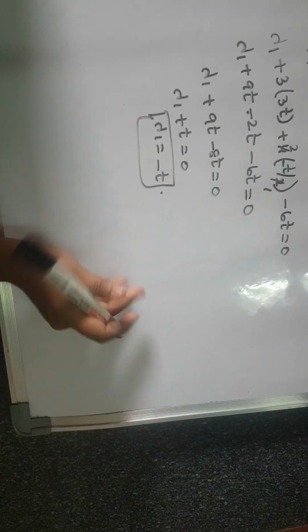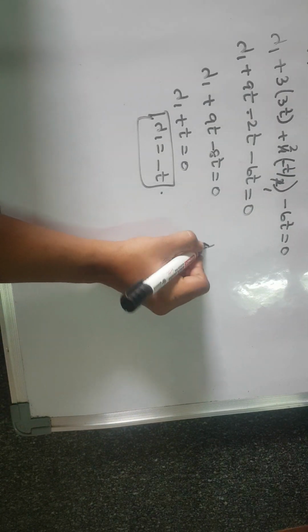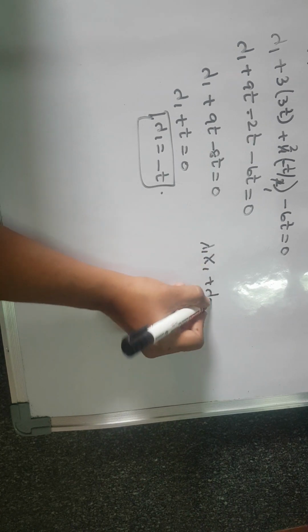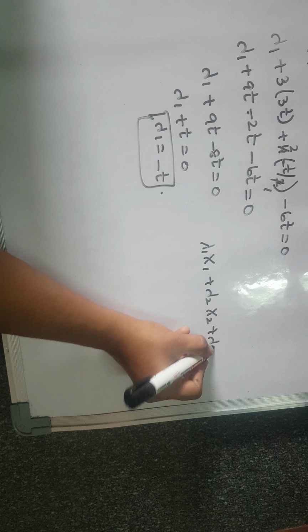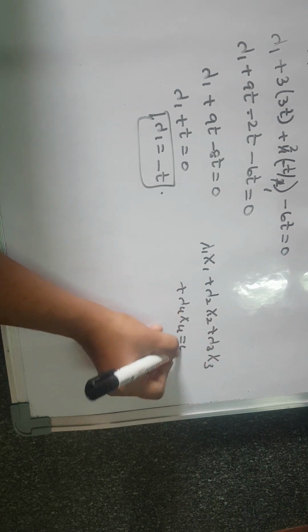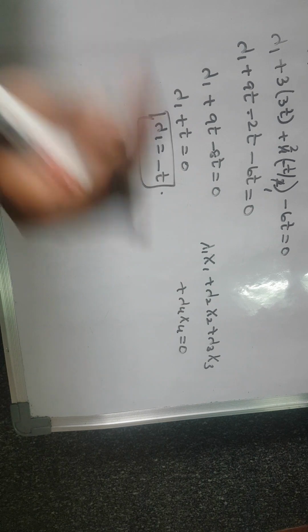What we took in equation 1: lambda 1 x1 plus lambda 2 x2 plus lambda 3 x3 plus lambda 4 x4. This is the equation.